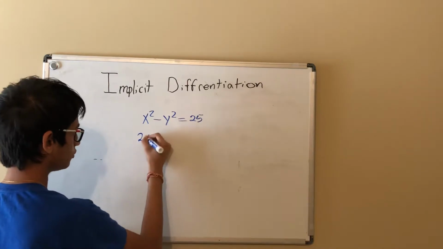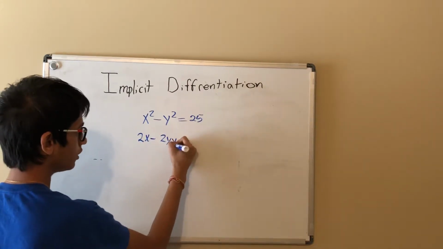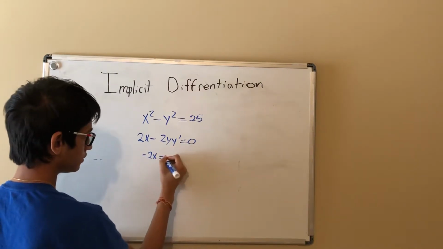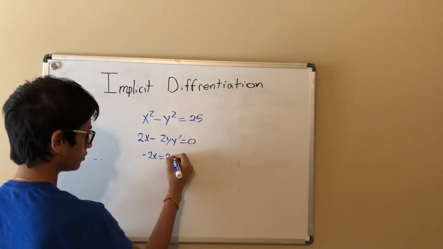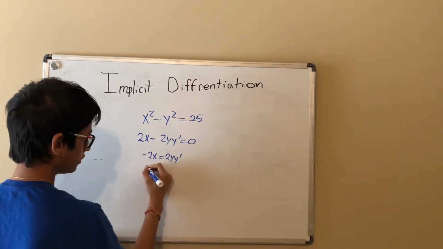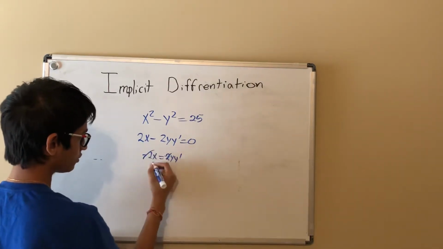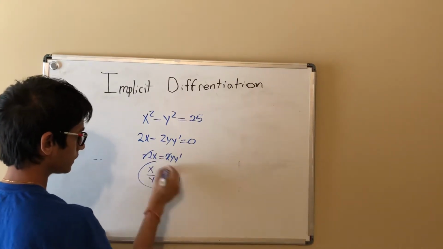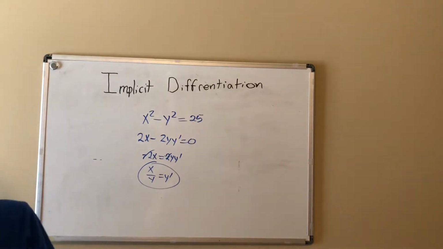The same thing: 2x minus 2y y prime equals 0. Negative 2x equals negative 2y y prime. The negative 2's cancel out, and then x over y equals y prime. Fairly simple.